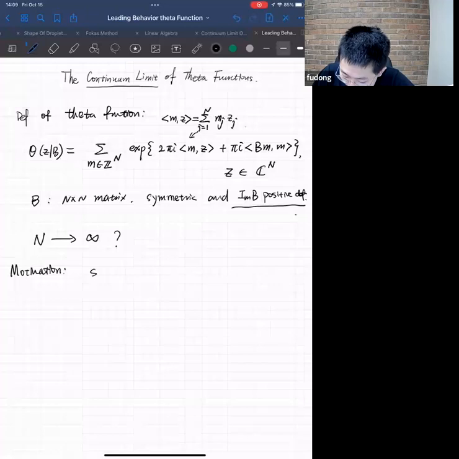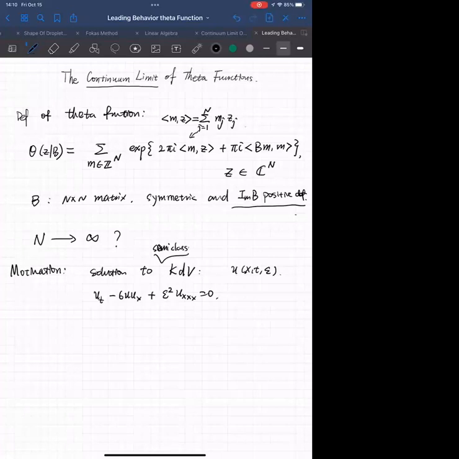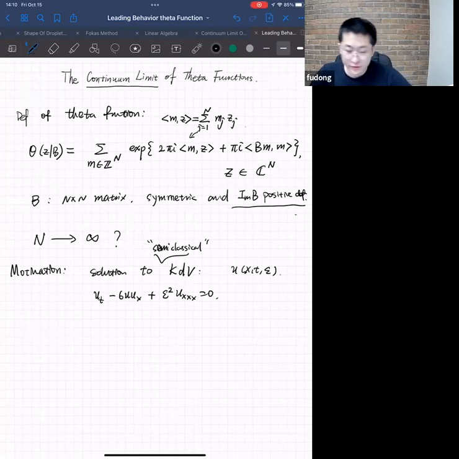So the solution to the KdV, this KdV is like this. The solution will depend on x, t, and epsilon. So actually, we call this semiclassical, and you can represent the solution by the theta function.